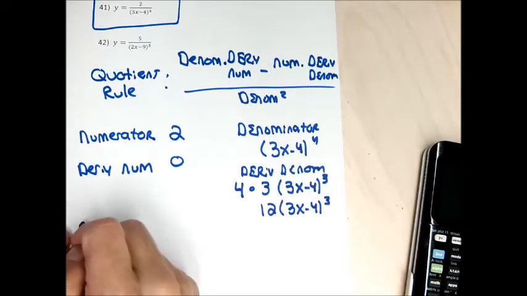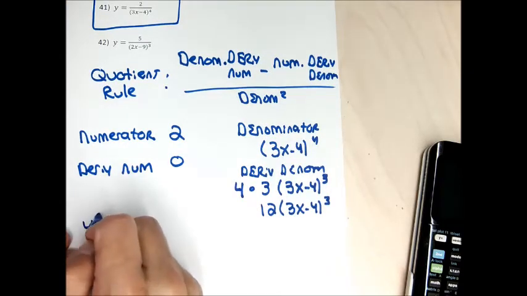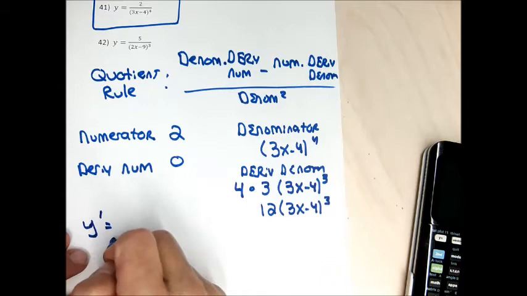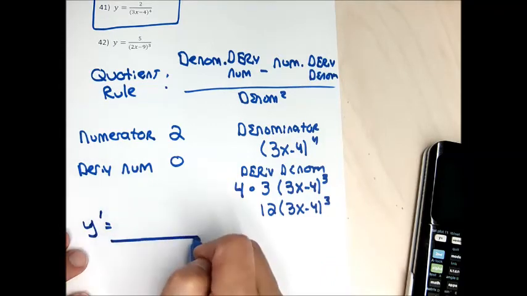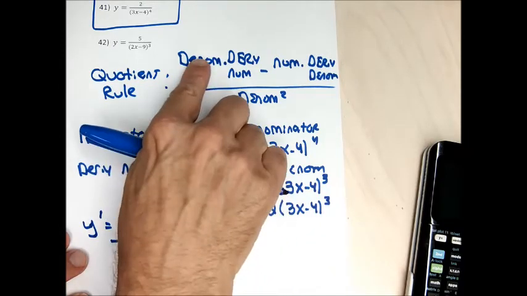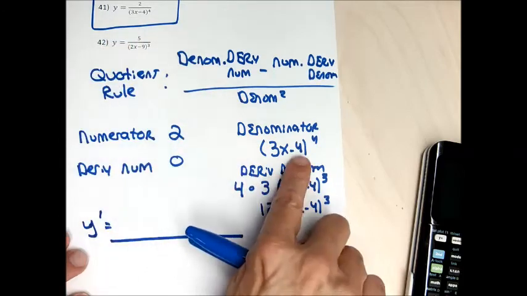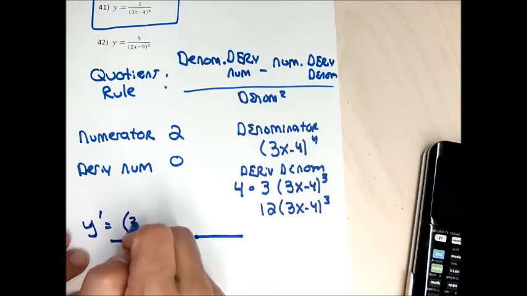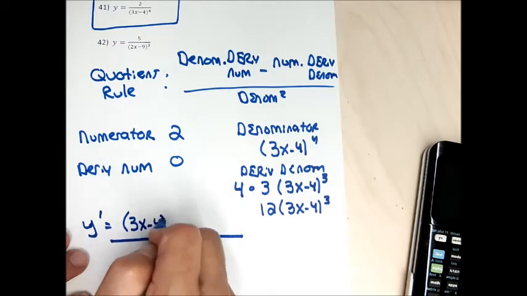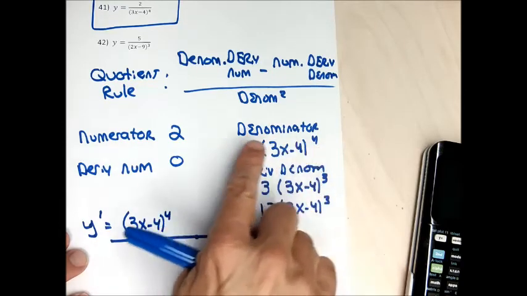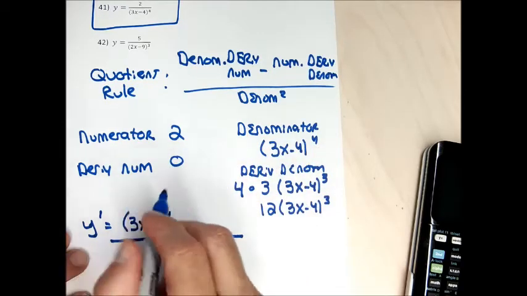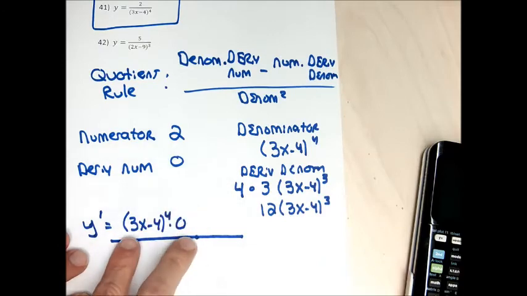So for problem 41, y prime equals, form a fraction. First piece is the denominator. The denominator is 3x minus 4 to the 4th times the derivative of the numerator, which is 0. This piece is going to turn into 0 because anything times 0 is 0.